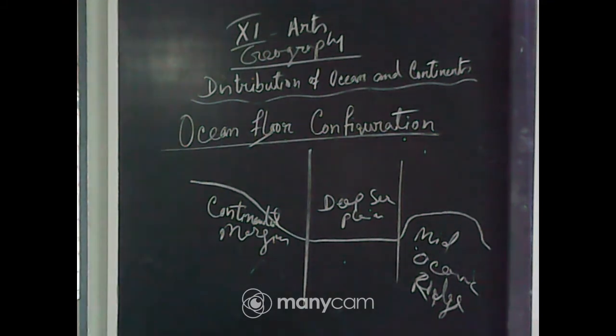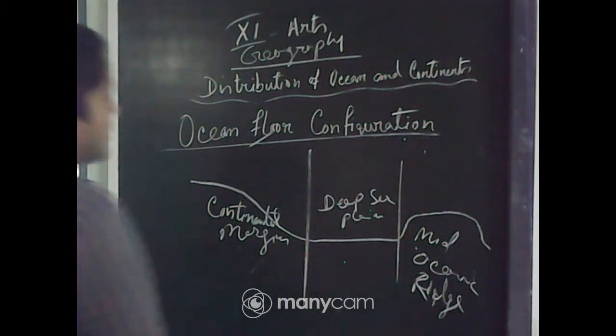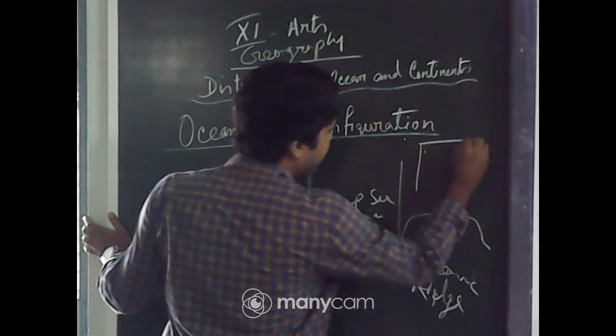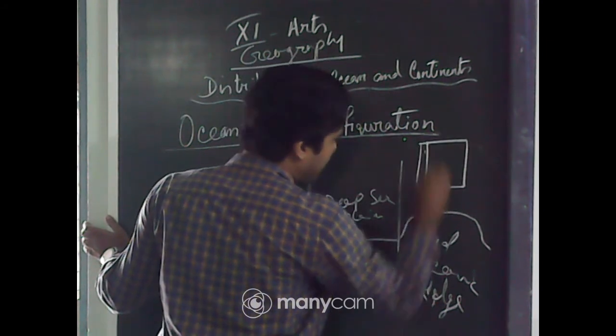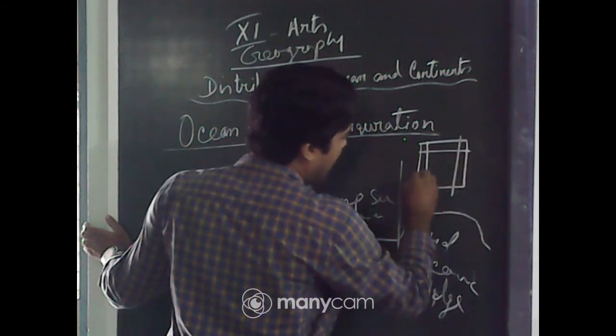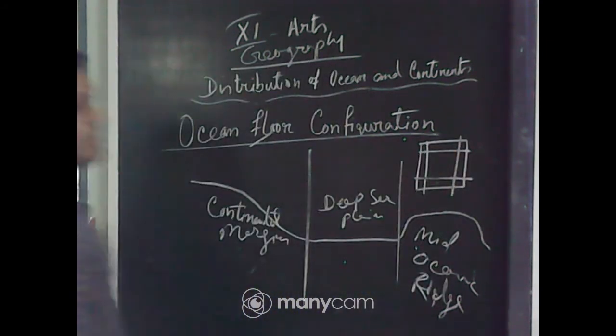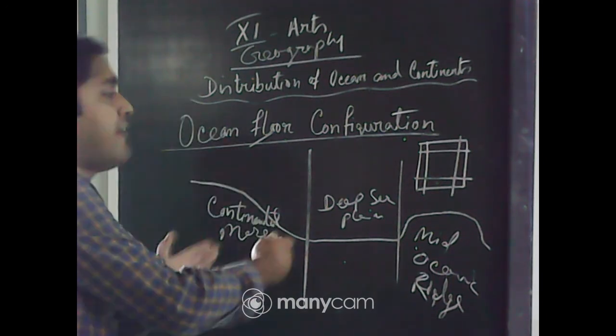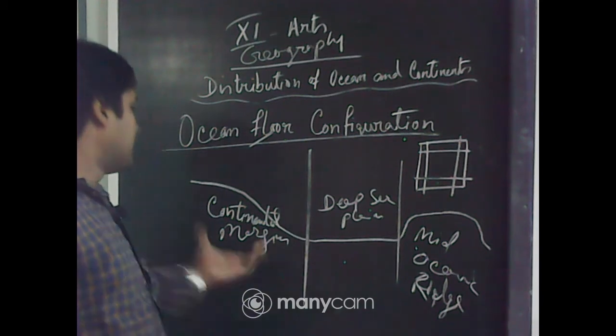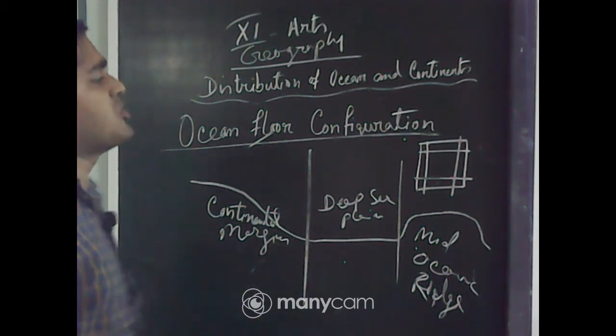Now, the first one is continental margin. What is this? Each and every page is having a margin, which is the last boundary. So, in the ocean floor, where the continental portion ends and the ocean starts, this is the continental margin.